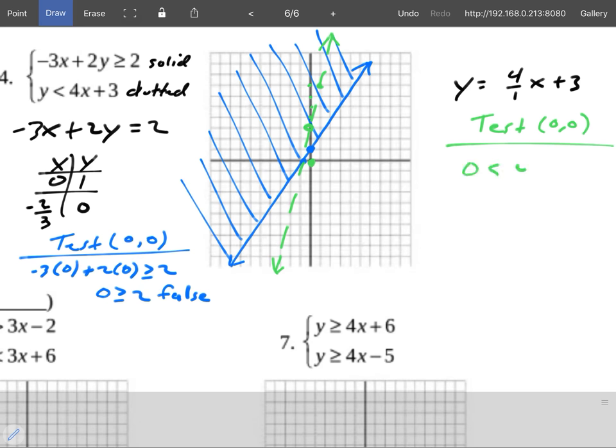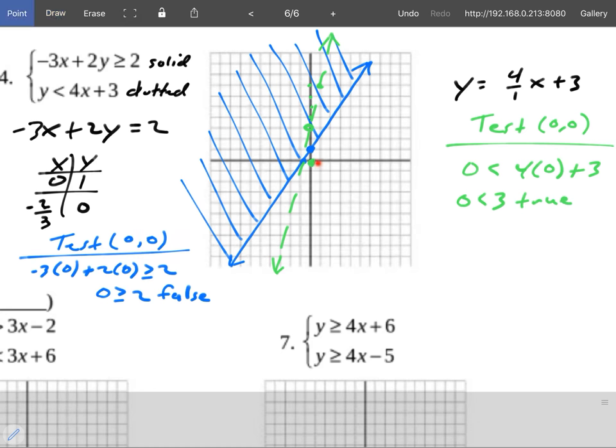I'm going to put the 0 in for the y, and that's got to be less than 4 times 0 plus 3. So the left side is 0. That's got to be less than 4 times 0 plus 3. That's 0 plus 3, which is 3. And that is true. 0 is less than 3.